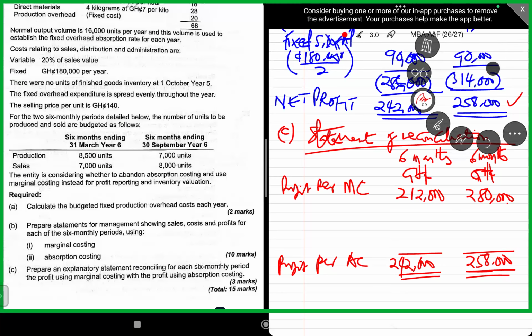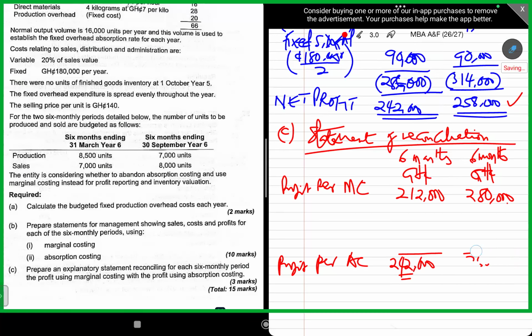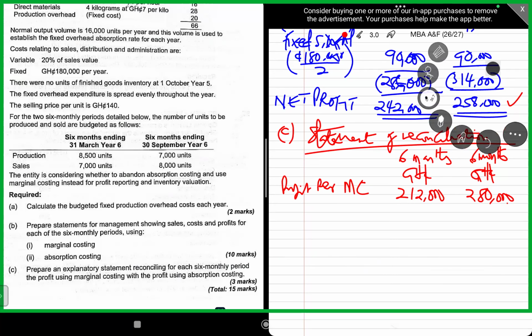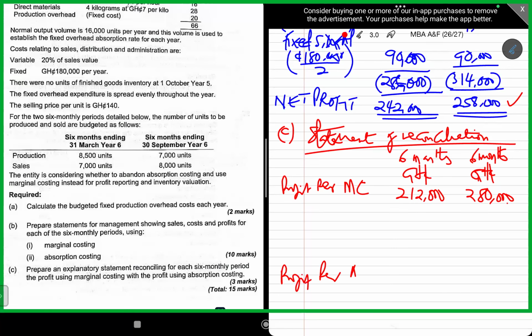You have to add a figure. So a figure should be added to the 212 for us to arrive at 242. Is that correct?